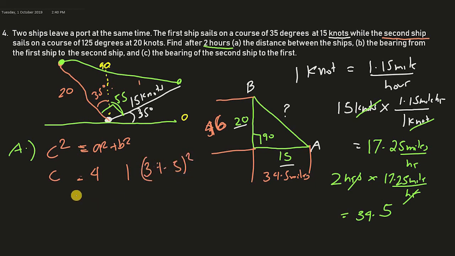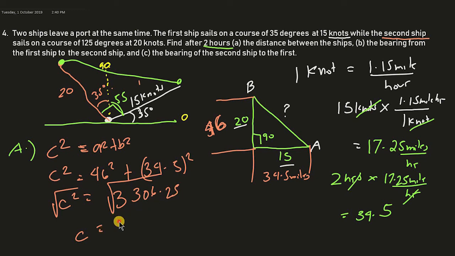Using a calculator, 46 squared plus 34.5 squared is equal to 3306.25. That's c squared. Taking the square root, the value of c is 57.5. This is the value of our hypotenuse.